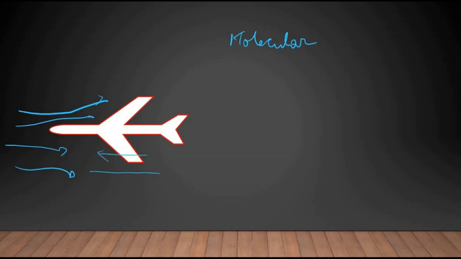My aircraft is also moving and air is also moving, that is, my flow field is also moving, and the aircraft is also moving, so this is my moving approach, and we will be analyzing the movement of the fluid on the surface or across the surface of the aircraft.